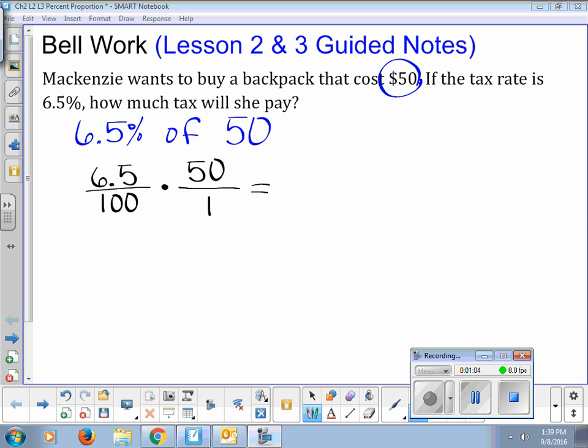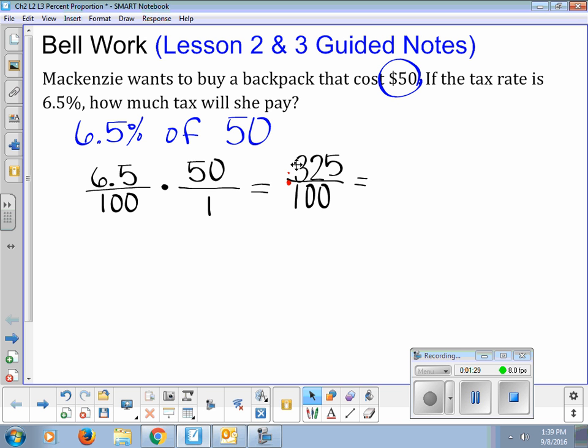Okay, 6.5 times 50 gives us 325. 100 times 1 gives us 100. Now we have to simplify this. Remember, our fraction bar means that we are dividing. So we have 325 divided by 100.